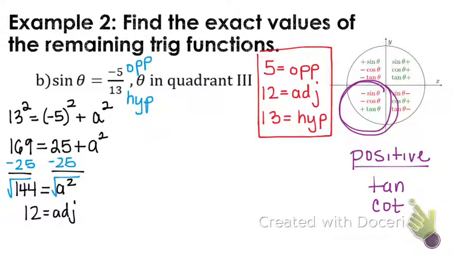So let's get started. I think the easiest to start would be cosecant of theta. We need to figure that out. We need to know the cosine of theta, and the sister to cosine, which is secant.